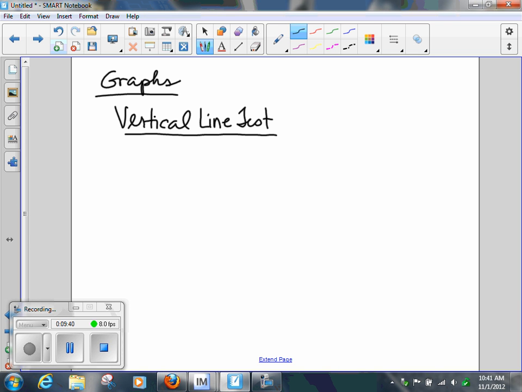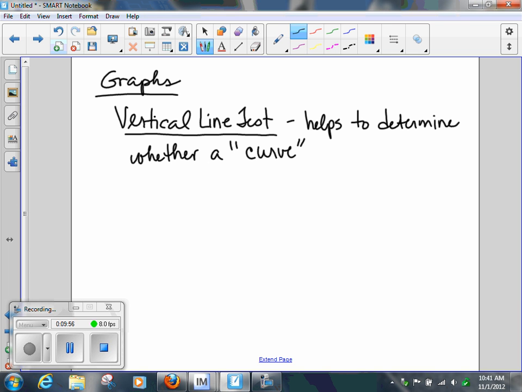The vertical line test helps us to determine, and look at the way I'm wording this, whether a curve is a function or not.